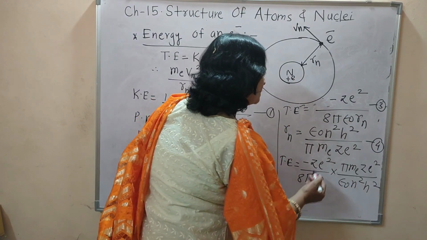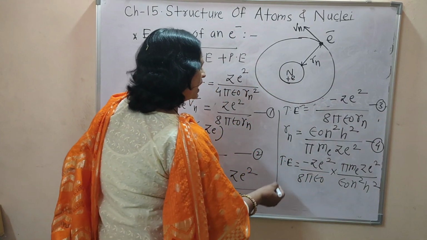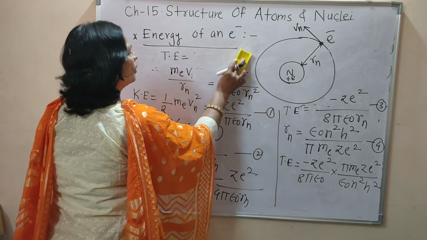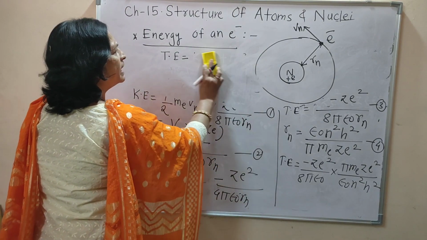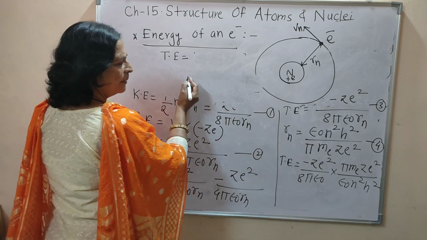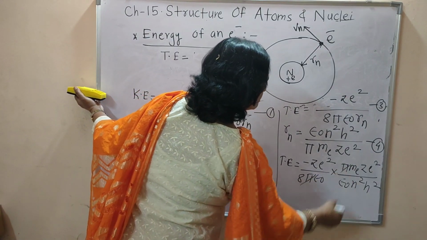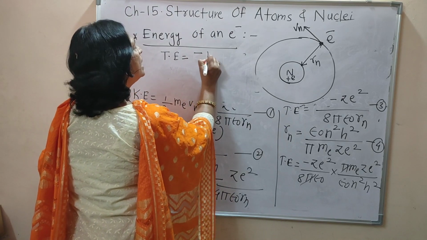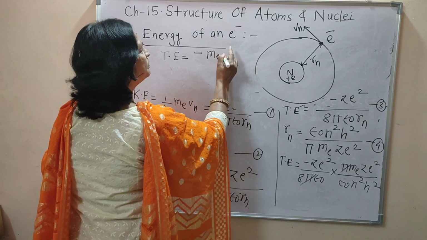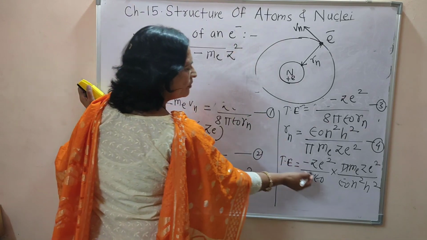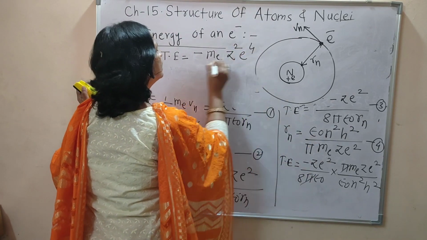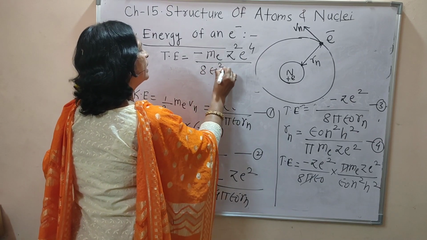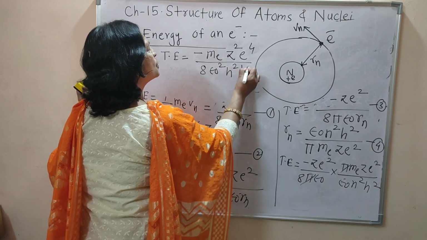Now this pi gets cancelled, and the derivation for total energy becomes: total energy equals minus me Z square e raised to 4 divided by 8 epsilon naught square n square h square.